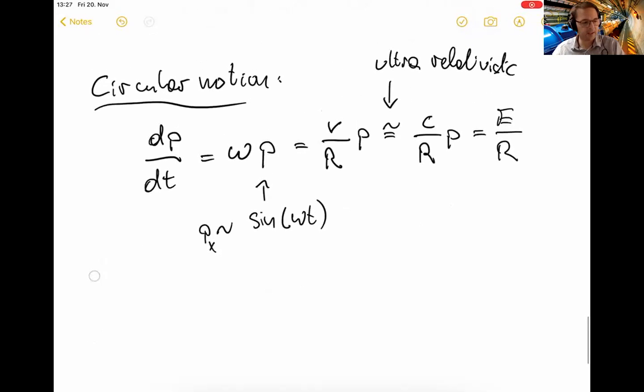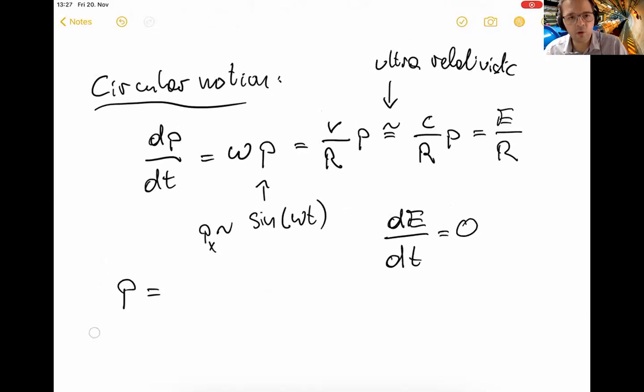So with this equation, we go again into our Larmor formula, the relativistic one. The second thing: dE with respect to dt is 0. Circular motion does not change the energy. We consider a particle that moves in a circular orbit at the same energy, okay?